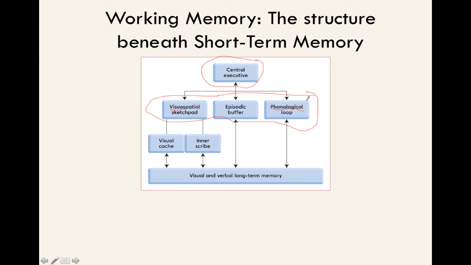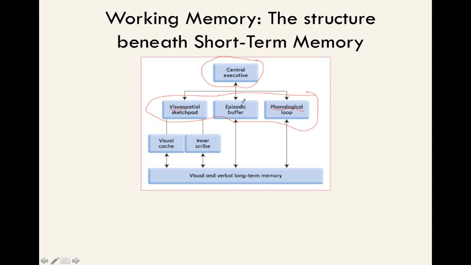That is good. It'll help you remember that a little bit. Phonological, it is exactly what it sounds like. It is processing information based on sound. So these three pieces of working memory process information in their own way, either visually, spatially, or based on sound in the case of the phonological loop, and then of course keeping track of what have we done, what are we going to do next, and what are we doing now.